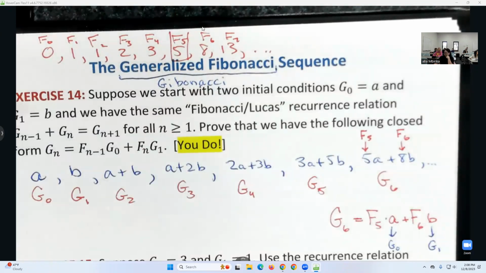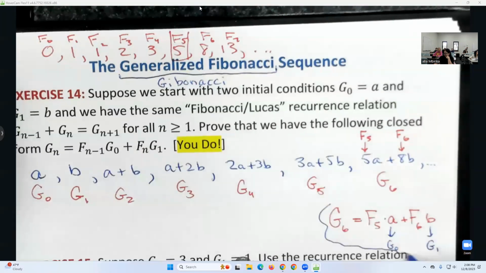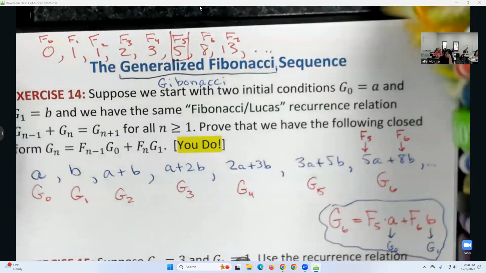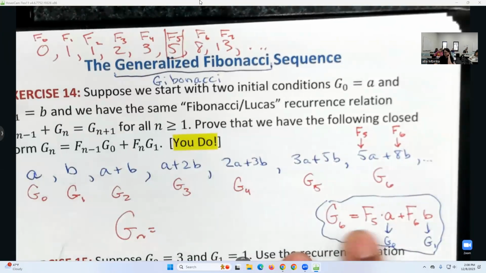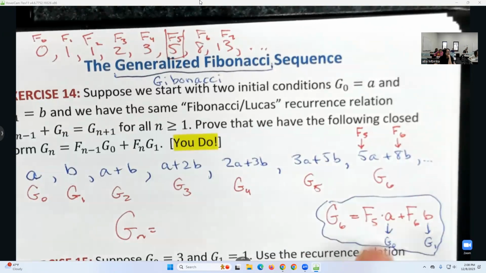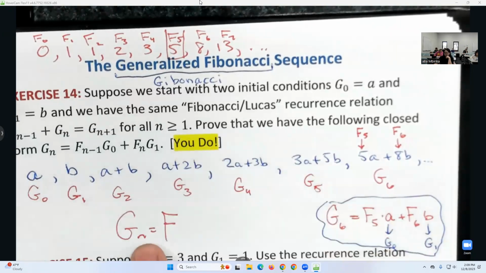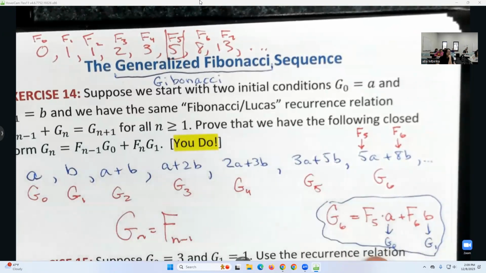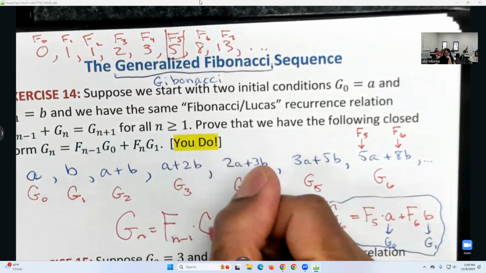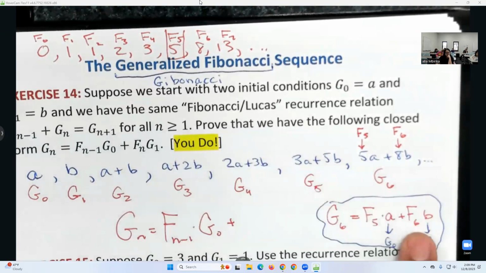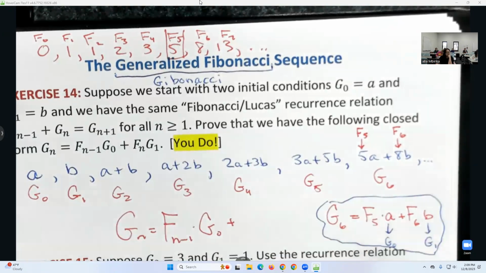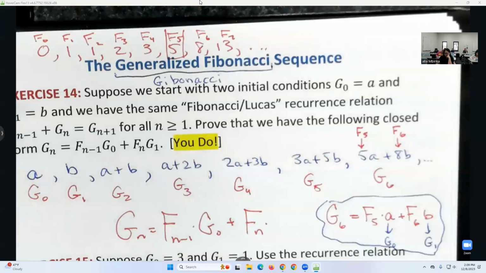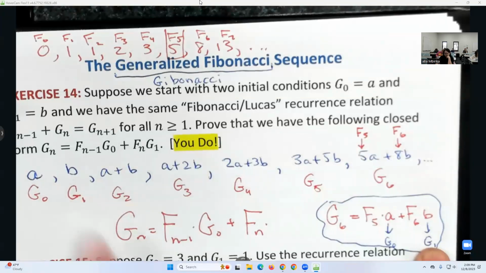So what can we garner from this? Can we find a closed form in general for Gn? What Gn appears to be, so that was a 6, and then we have F5. So maybe the next number is F with a subscript one lower than n, which is n minus 1, times G naught, plus, so we have a 6 under the G and a 6 under the F, so it would stand to reason that there would be an Fn here, times the second initial condition, which is G1.